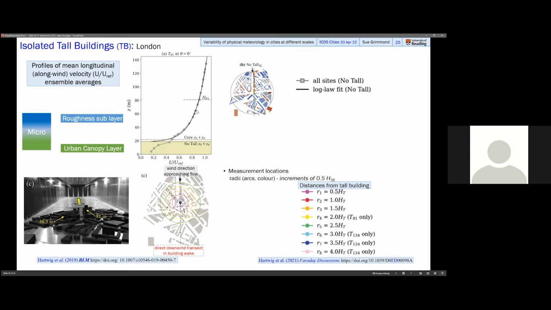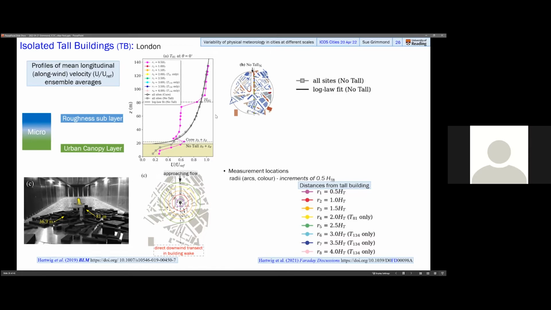As we come closer to the surface, we're not fitting the log law as well, but we are measuring wind even quite close to the surface. This yellowy shading is the height of the roughness length and displacement height without the tall buildings present. When we add this individual tall building, we can see that the roughness length and displacement height become slightly larger.